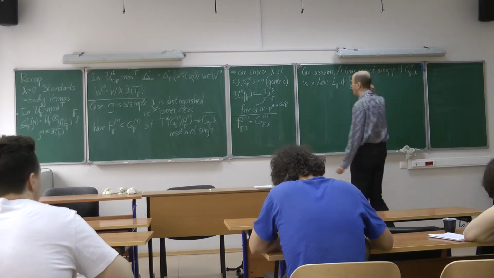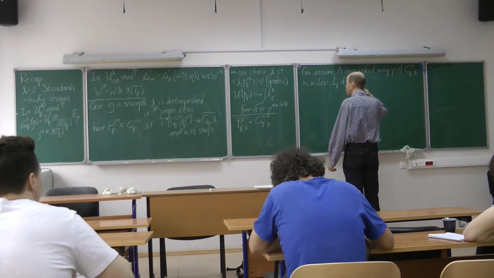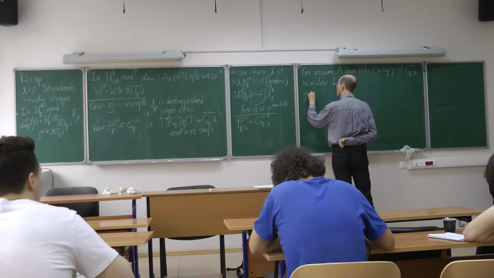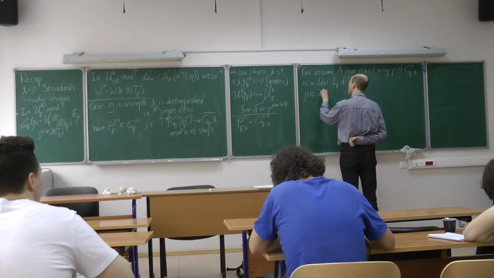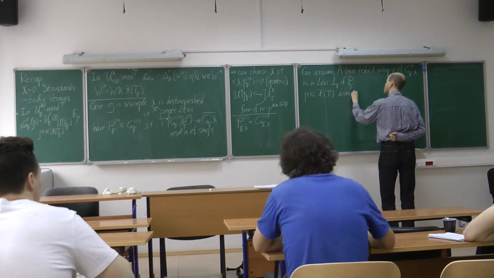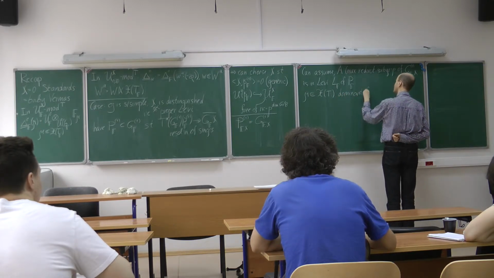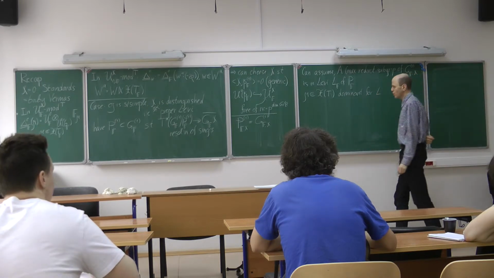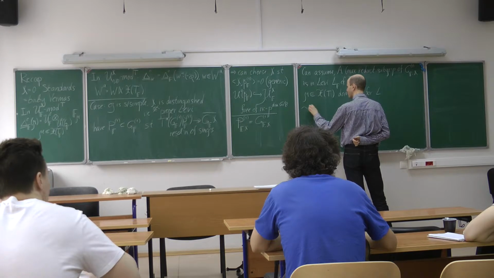So what we do next, we now fix mu in X of T, which is dominant for L. From this, we produce a dual Weyl module.